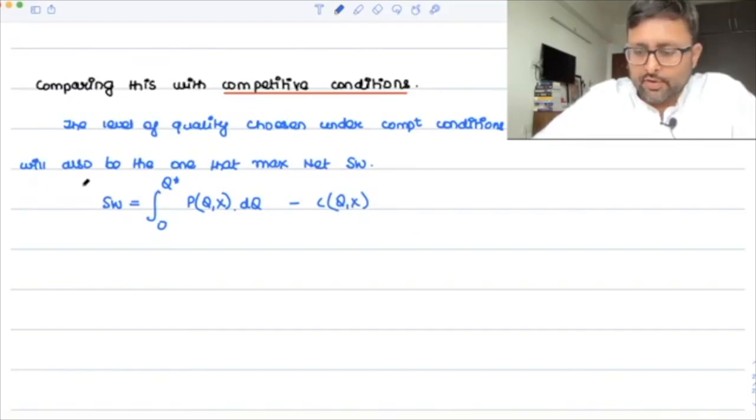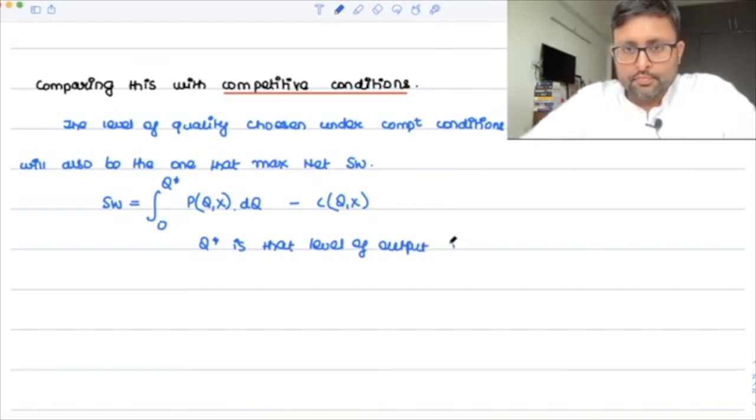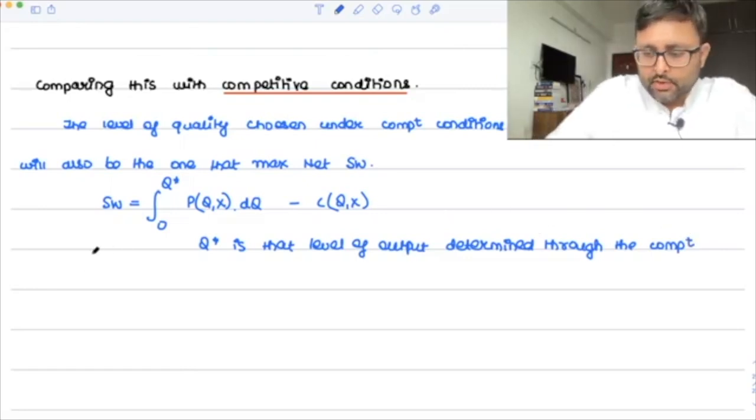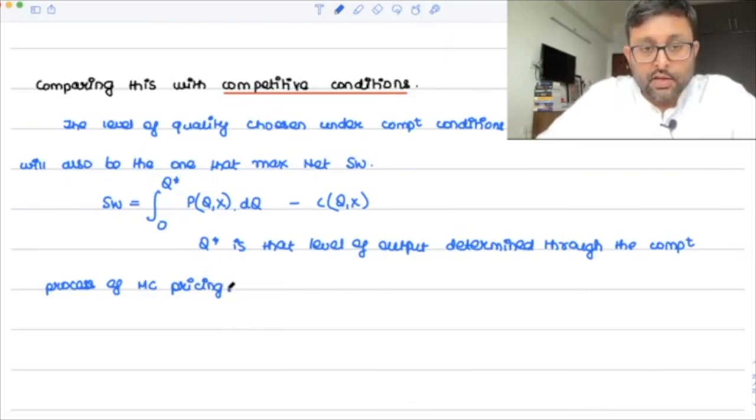This gives you the net social welfare, where Q star is that level of output coming through the competitive process of MC pricing given X. Given X means given quality.